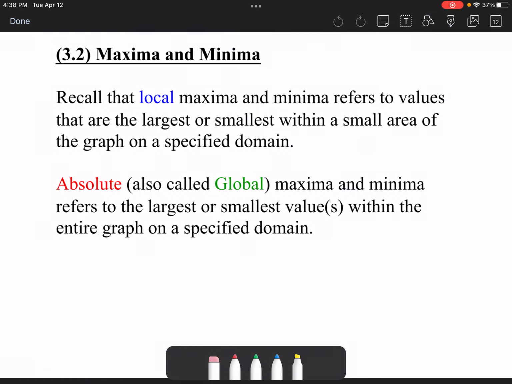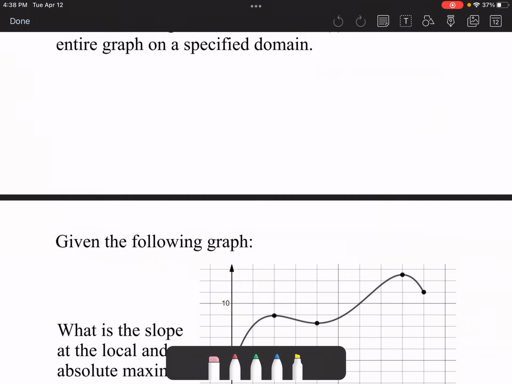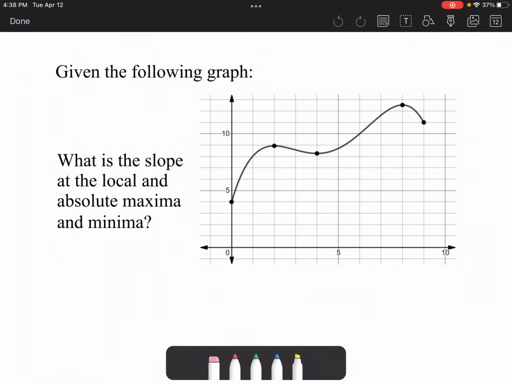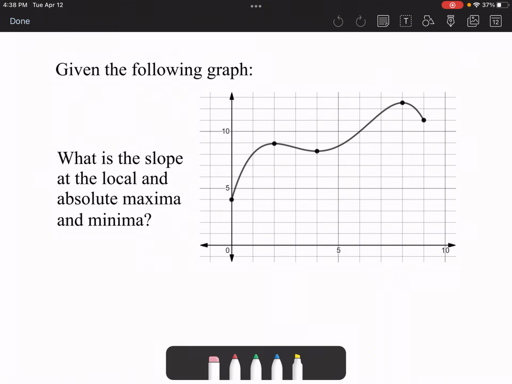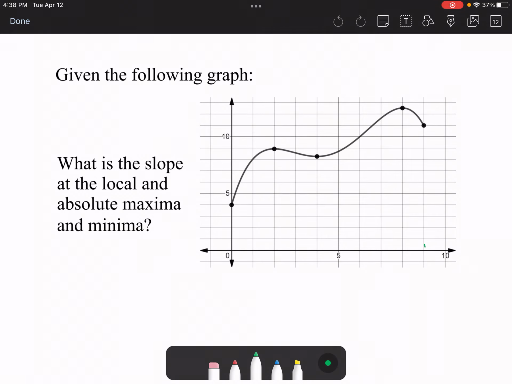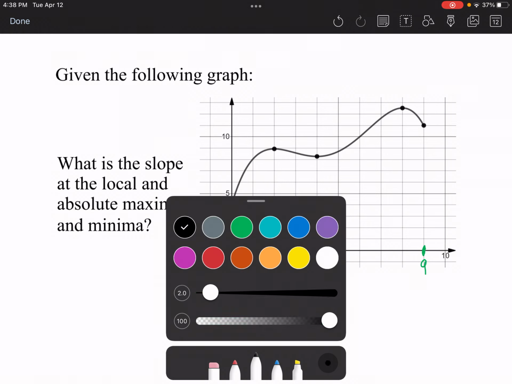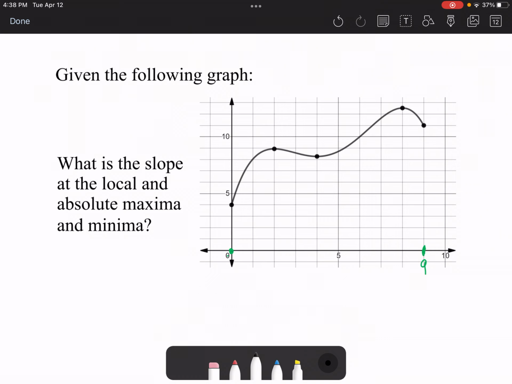So let's see what I mean. Let's suppose we're given the following little graph, and as you can see, it's on a specified domain between 0 and 9. Well, what you can do is we can first identify which ones are global maximums and minimums, which ones are local maximums and minimums.